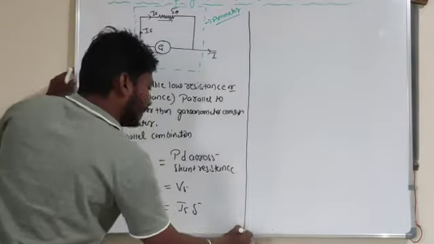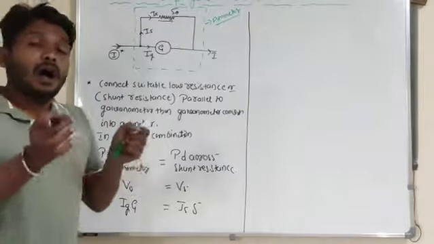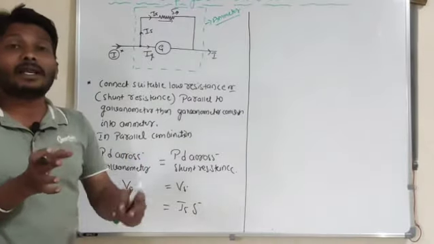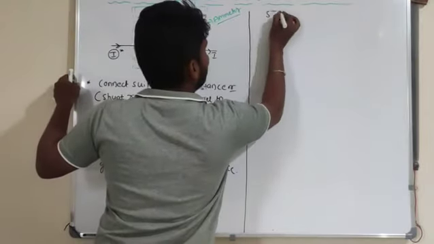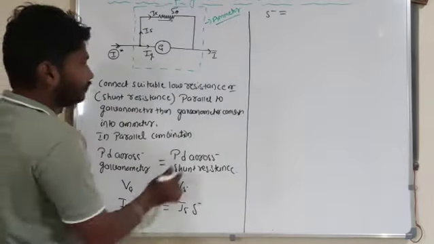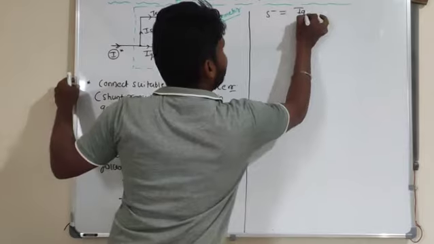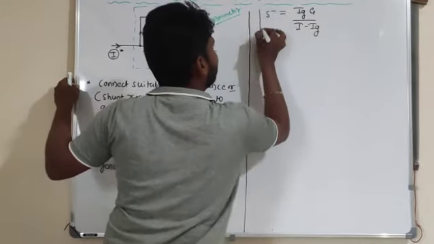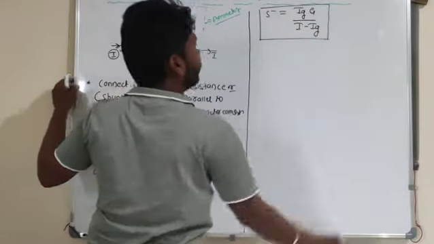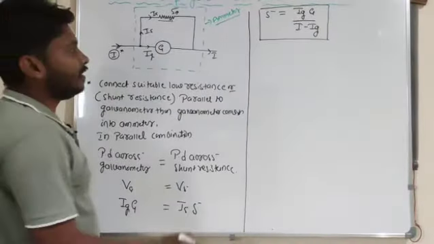Now I want to find the value of the low resistance. How much low resistance value do I need to connect parallel to the galvanometer? So I write this equation as S equal to Ig into G divided by I minus Ig. This is the required formula for the shunt resistance or low resistance.